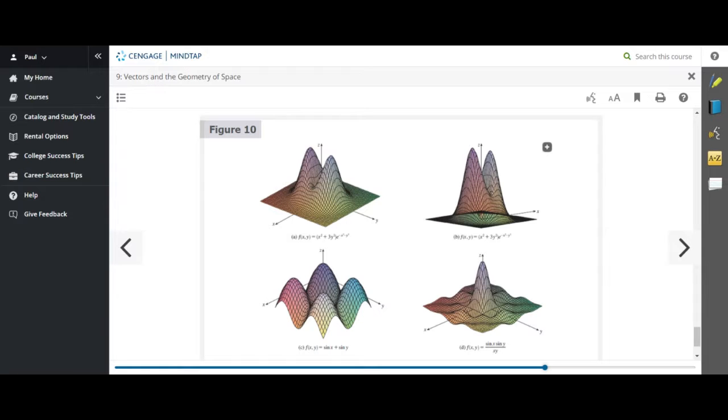You can see they're more complex than the simple surfaces we looked at, the parabolic cylinder and the elliptical paraboloid. These surfaces are more complicated. But if we were to look at the first one, for instance, just give me one moment here.